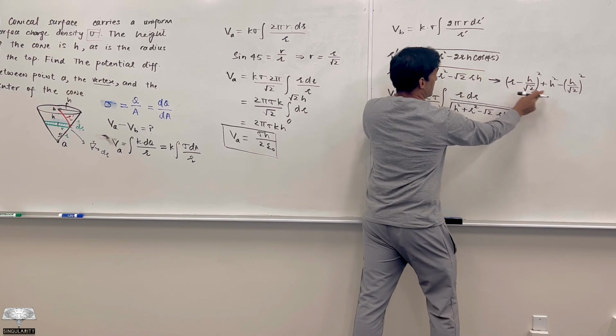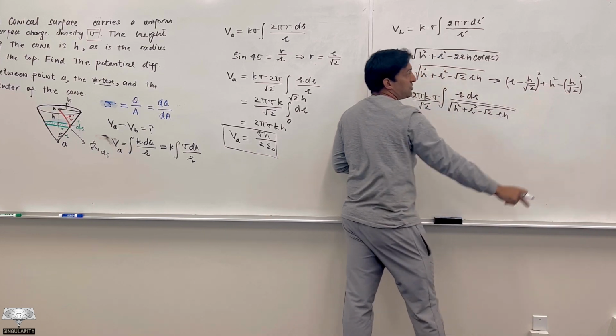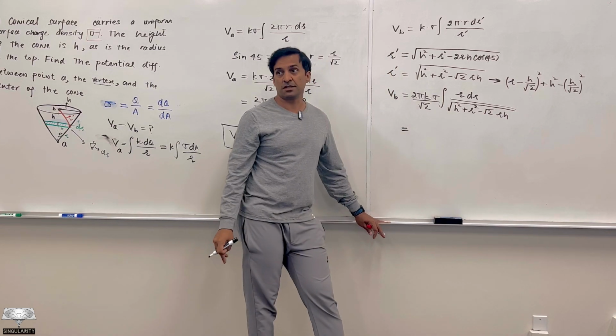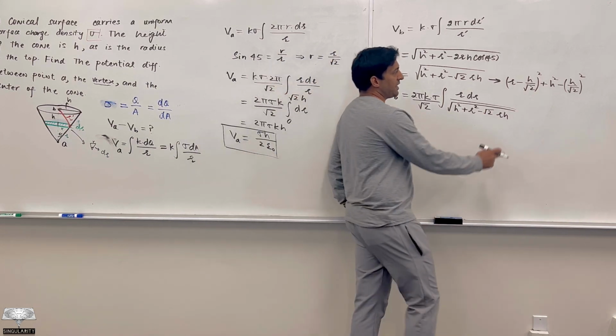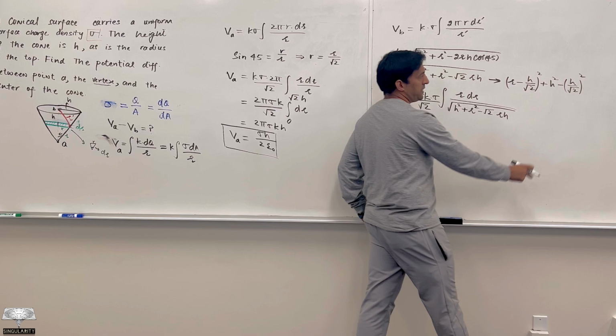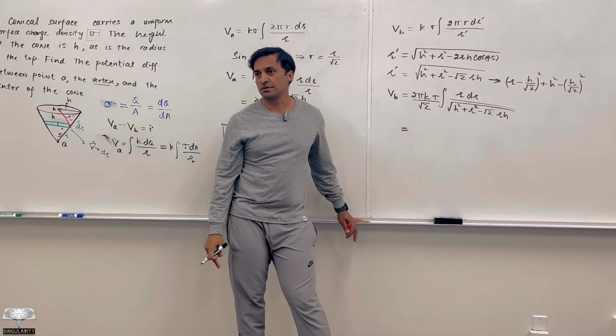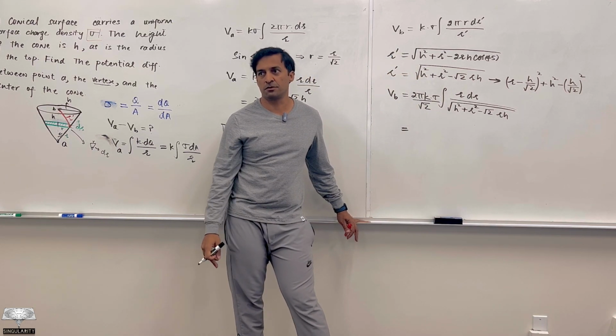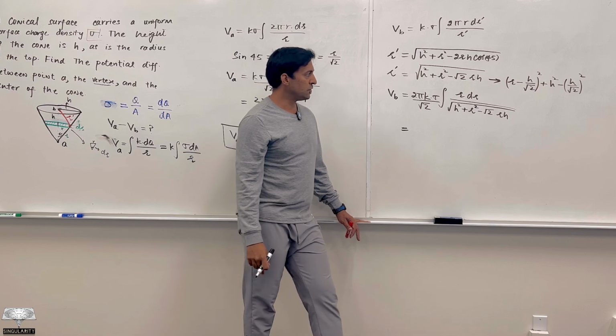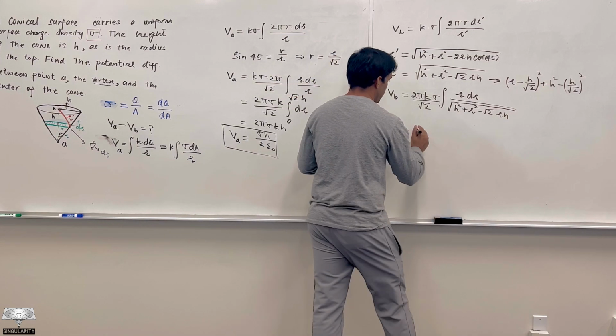And this h square is here, and the subtracted factor of h square by 2 is there. Okay. So this actually becomes this square plus h square by 2. In other words, h square by square root 2. So I'm going to write that here.